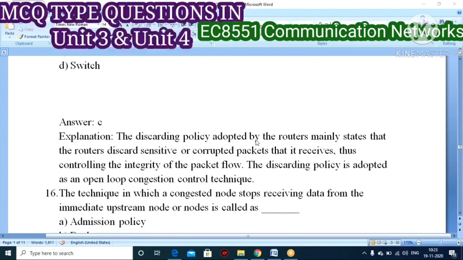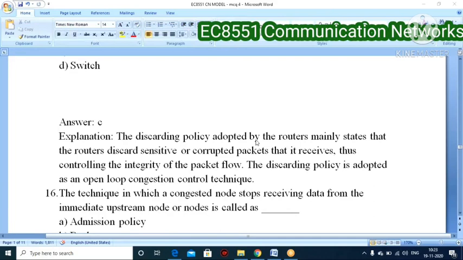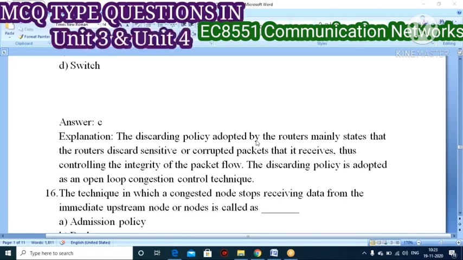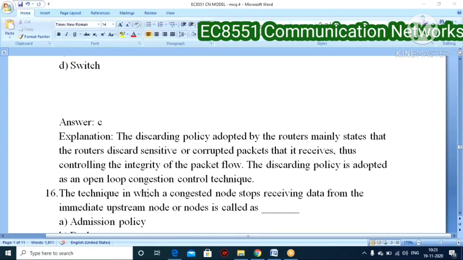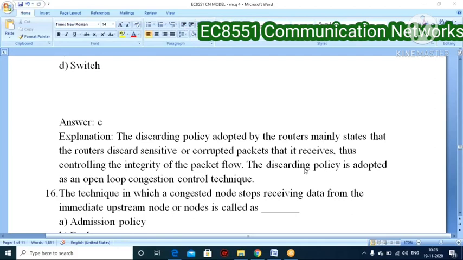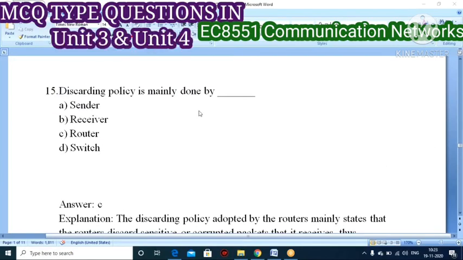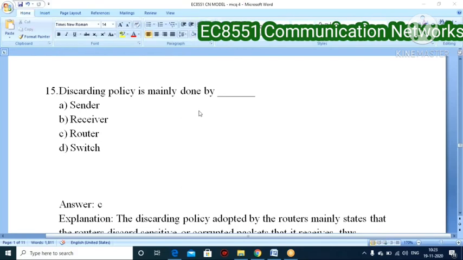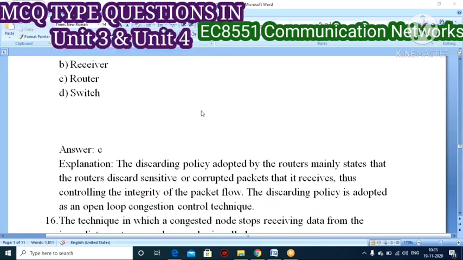The router discards sensitive or corrupted packets that it receives. It controls the integrity of packet flow. So discarding policy is adopted as an open loop congestion control technique. Discarding policies come under the routing topic, and it is mainly done by the router.